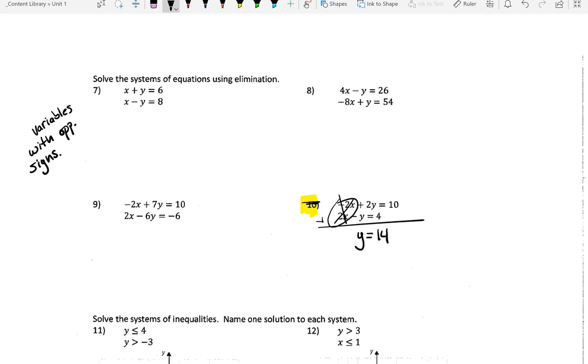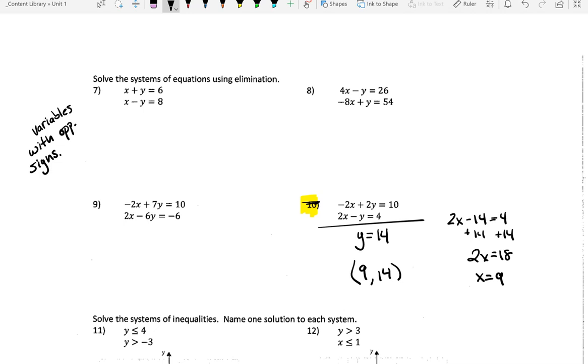Done. There's y. Plug it back in. I'll plug it back into the second equation because that looks like it's easier. 2x minus 14 equals 4. Add 14 to both sides. And 2x equals 18. X equals 9. And there is your solution, 9 comma 14.